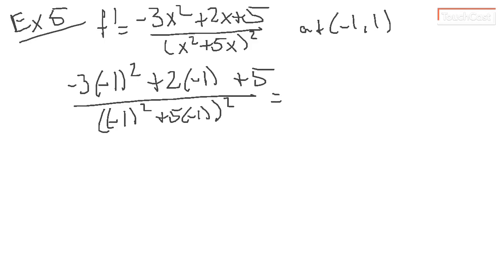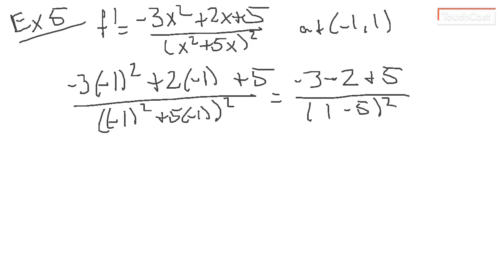If we square a negative 1, we get 1. Negative 3 times 1 is just negative 3. 2 times negative 1 is going to give us minus 2 plus 5 in our numerator. In our denominator, we're going to have 1 minus 5 quantity squared.